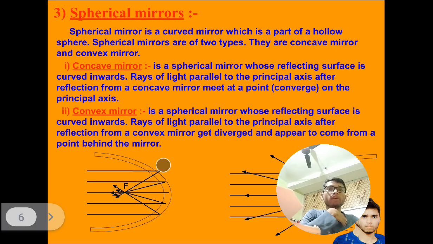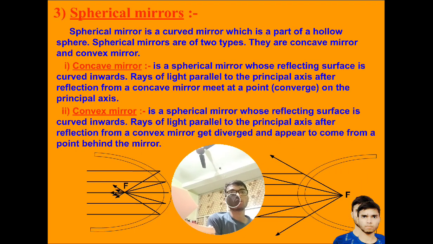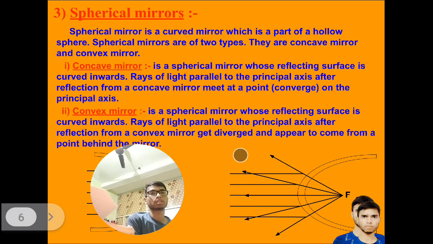Now what about the convex mirror? It is also a part of a spherical mirror whose reflecting surface would be outward, because we are talking about convex. So of course the outward surface would be the reflecting surface. Rays of light parallel to the principal axis, after reflection from a convex mirror, get diverged.